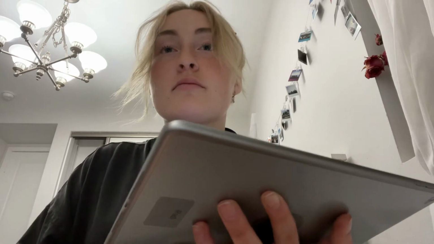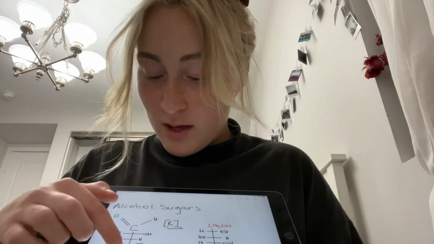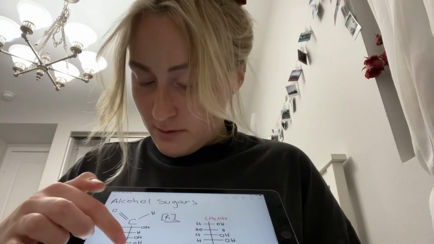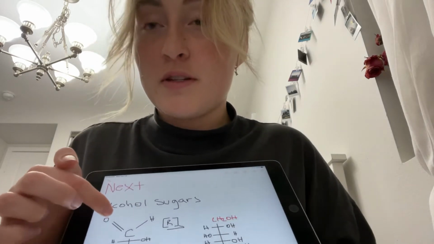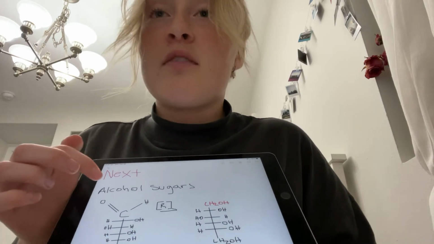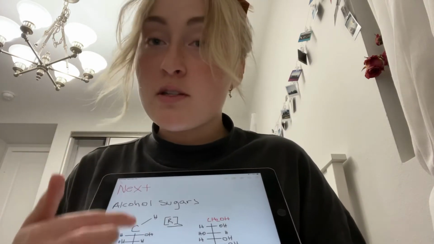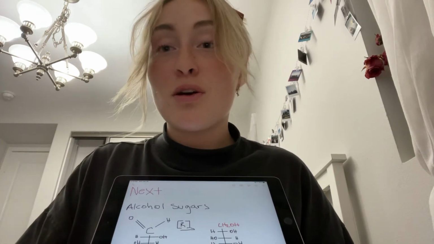All right, next we have alcohol sugars. Alcohol sugars are sometimes also called sugar alcohols, and they are derived when the carbonyl group, C double bond O, of a monosaccharide is being reduced. So we just oxidized and now we are reducing. With reducing, we are taking away.